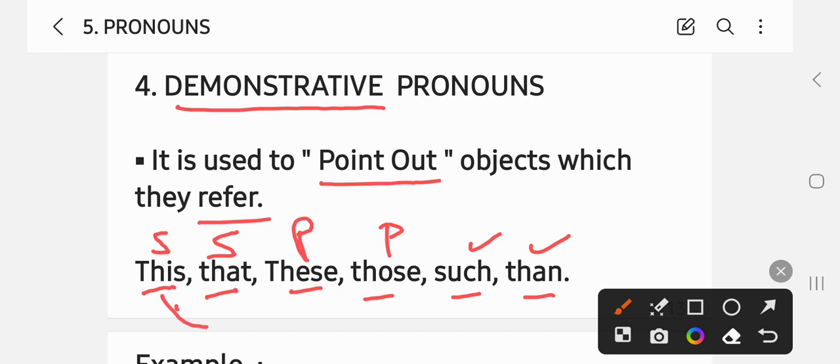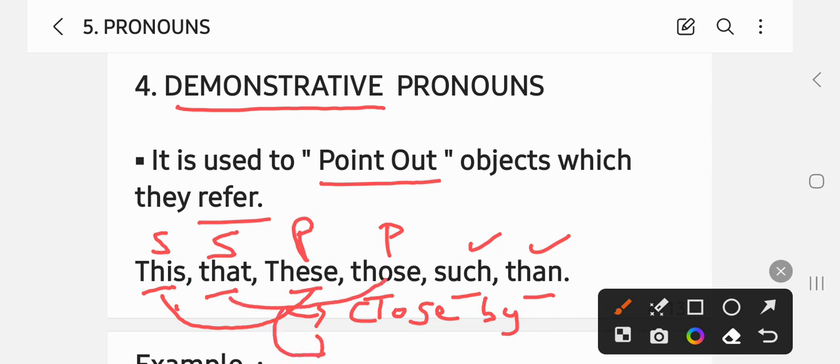This and these two pronouns are used to show objects which are close by, and that and those are used to show objects which are a little farther away.